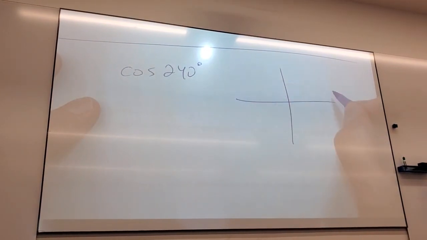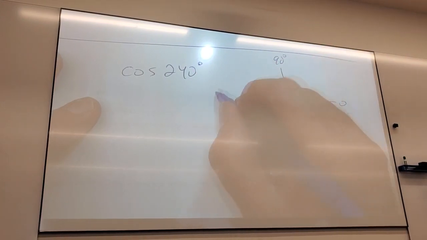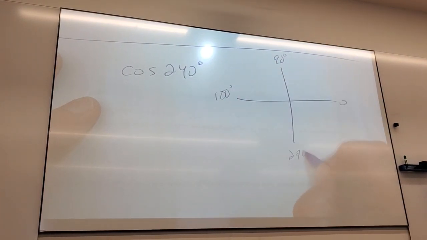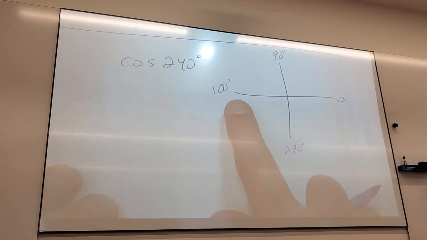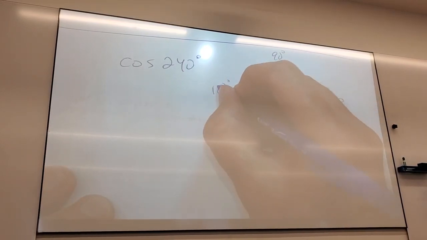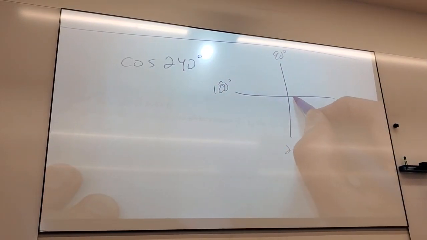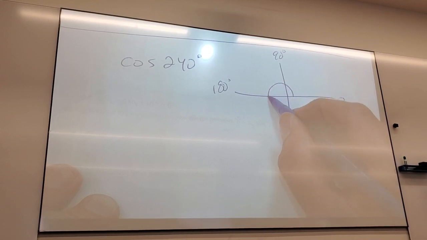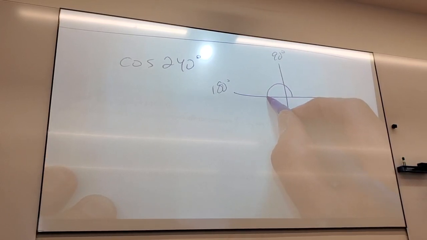So 0, 90, 180, 270, right? If you remember that, you know it's going to be between these two, yes? If I rotate, I go 180 and then I go some extra, correct? How much extra do I go?